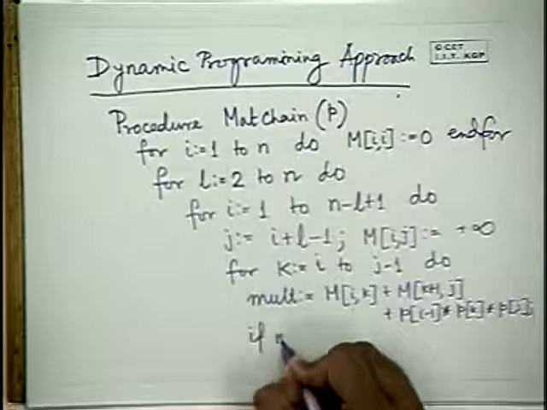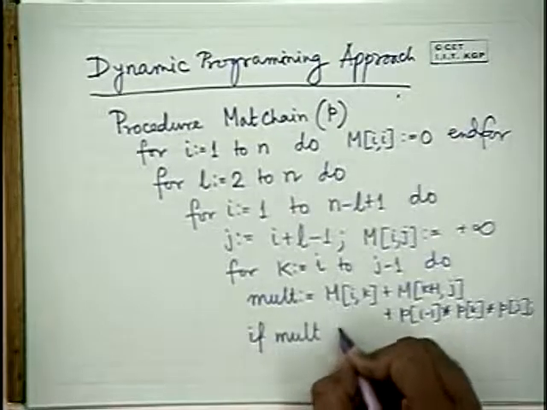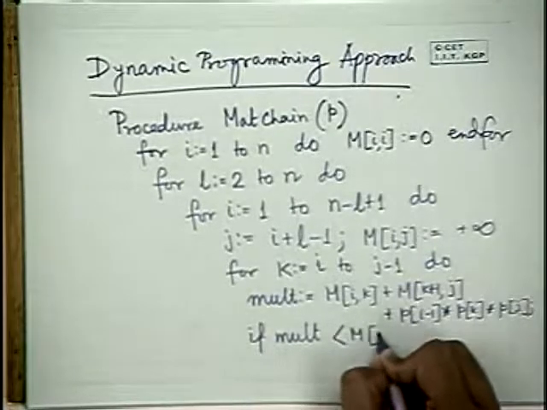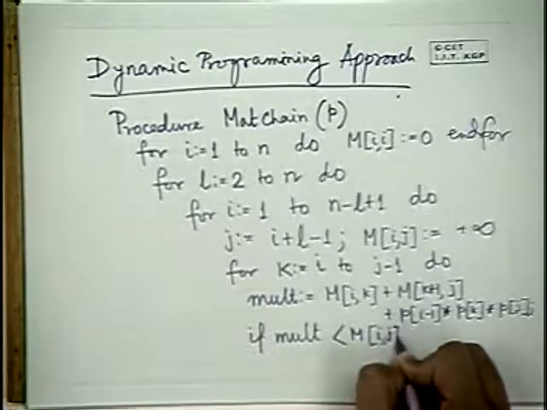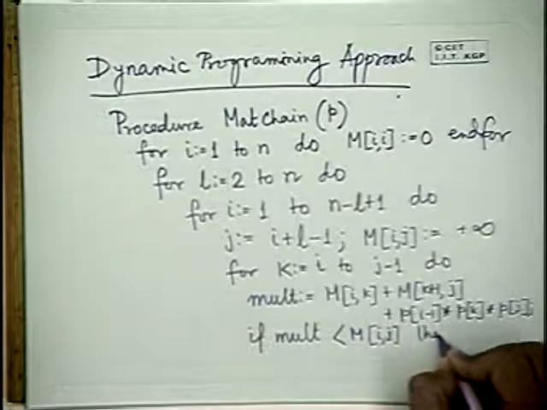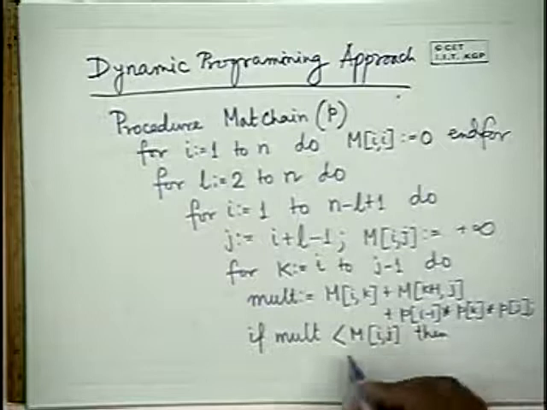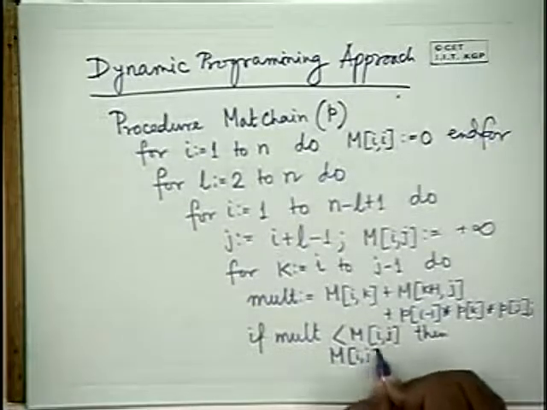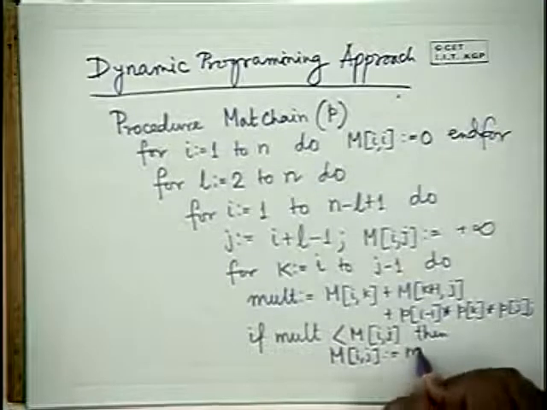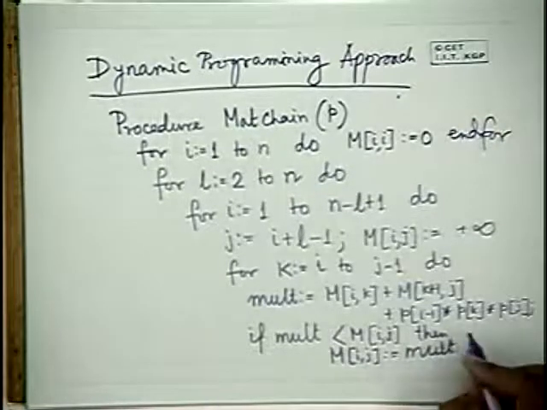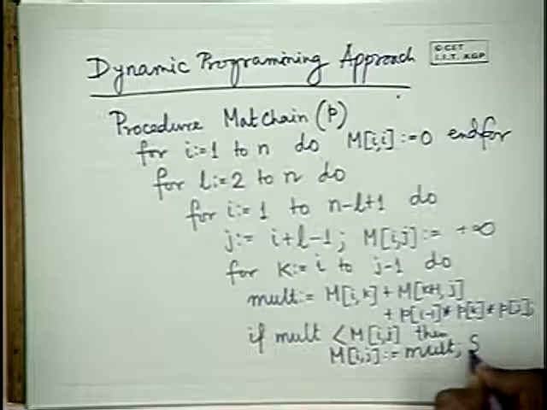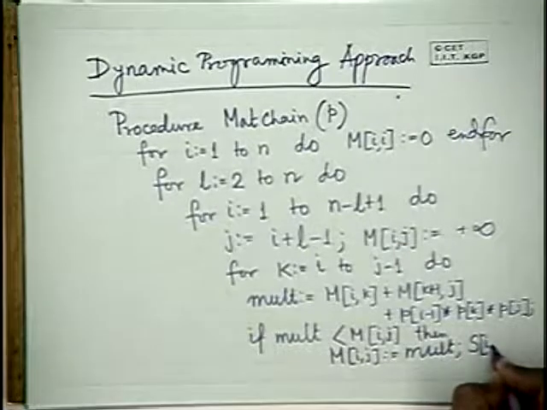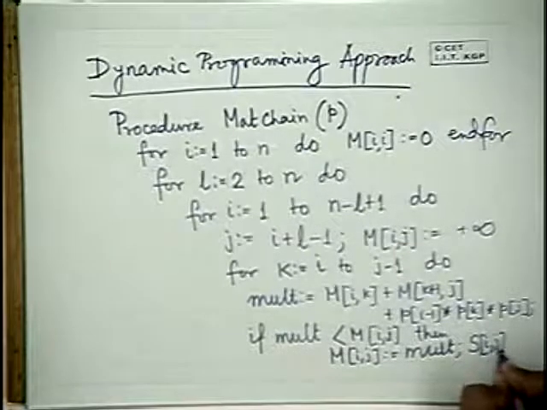If mult is less than m of ij, then m ij is equal to mult, and I'll tell you later what this S is, there is another array, what does that do.